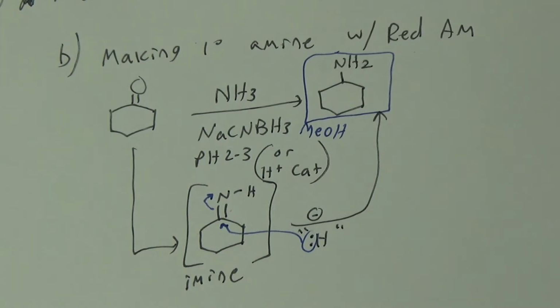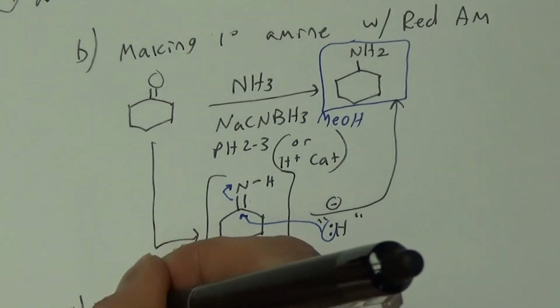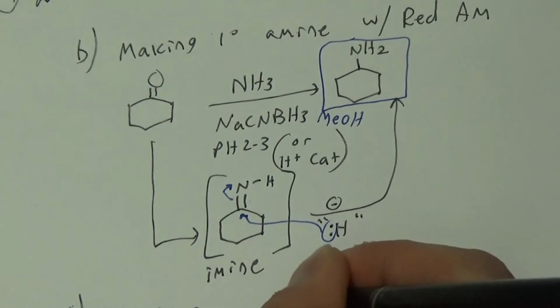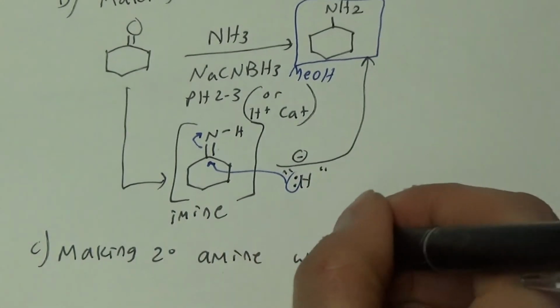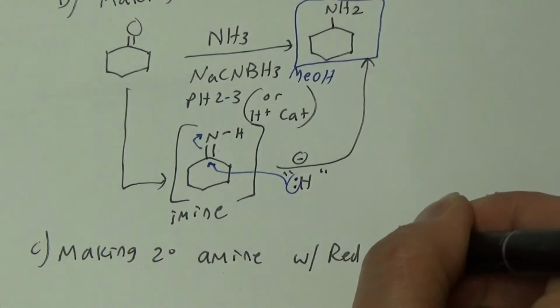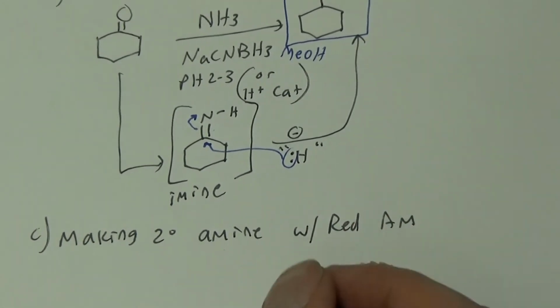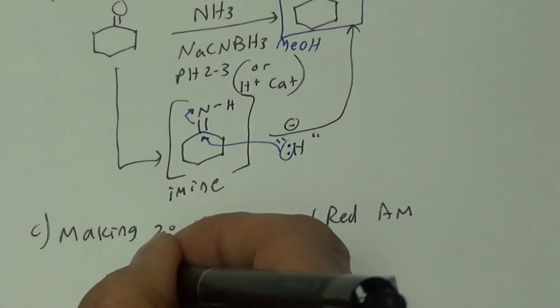Okay, next one. Making a secondary amine with reductive amination. So let's make a secondary amine now, and let's use a different ketone this time.